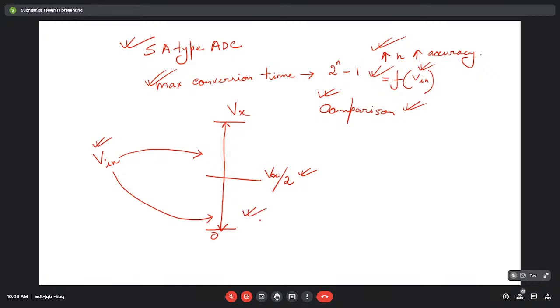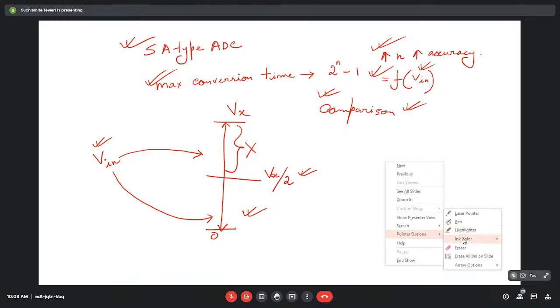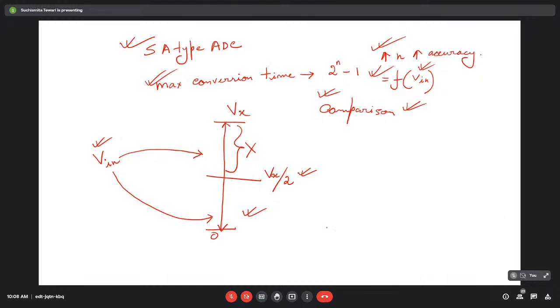In that case, we will discard this whole upper range. On the next step, the existing range would be 0 to Vx by 2. So now we will divide this range into two parts, the upper half and the lower half.